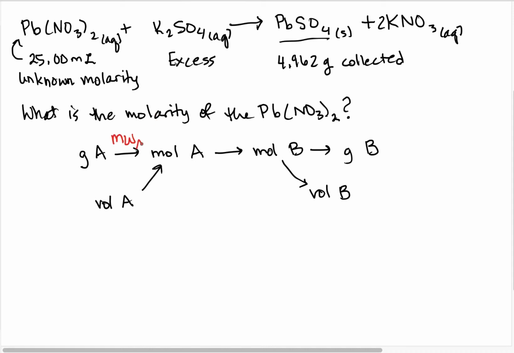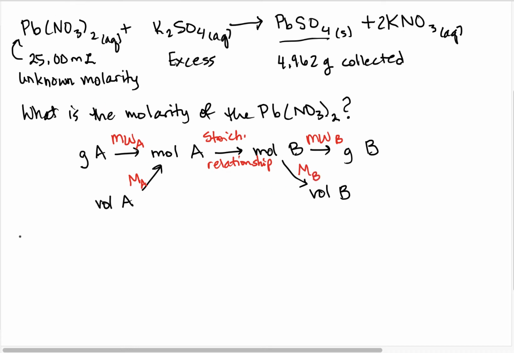So we've done quite a bit of calculation going from grams to moles to grams. And we use our balanced equation every single time. But we've added this new track that has molarities as the way that we're getting from one thing to the next.